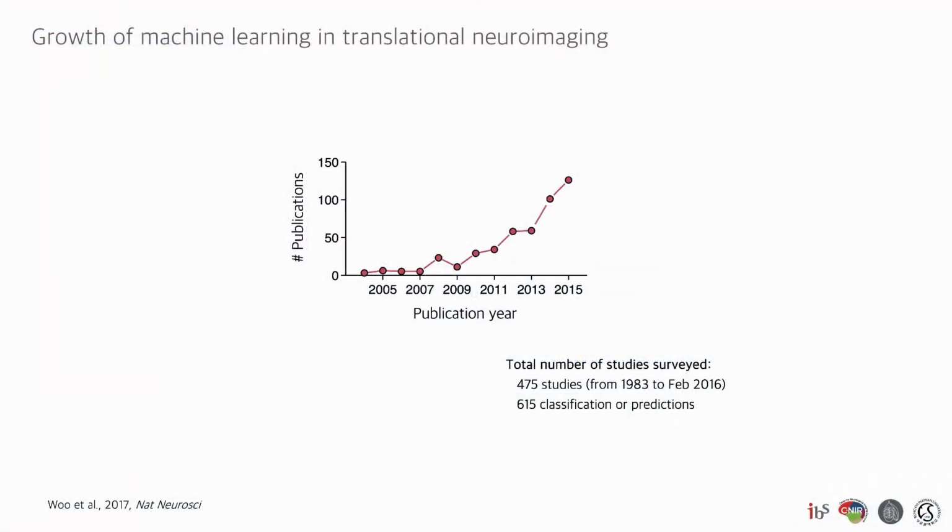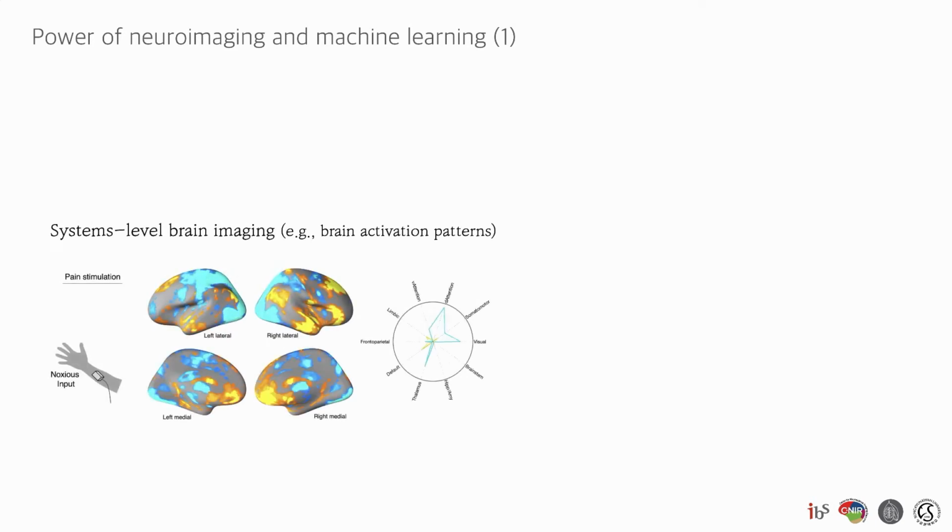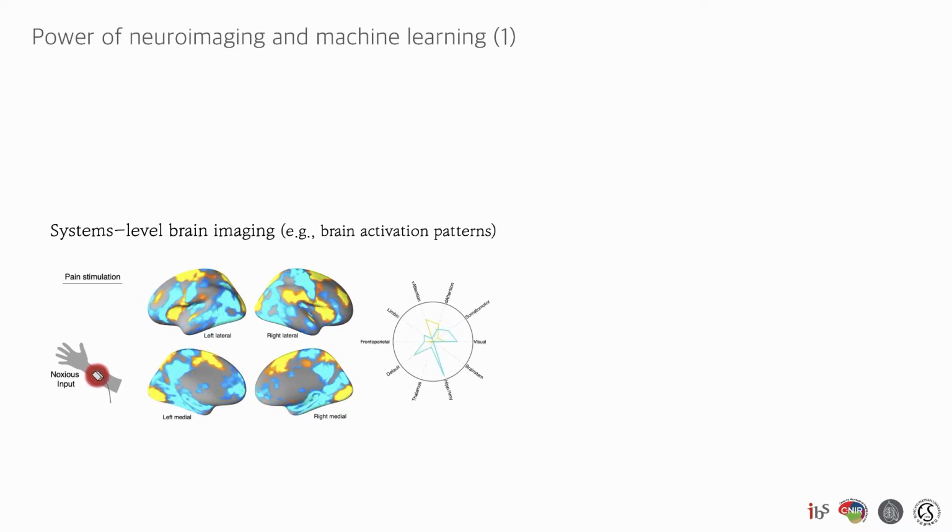So the use of machine learning in translational neuroimaging has rapidly increased in recent years, showing its increasing popularity. And it is because of the power of neuroimaging and machine learning techniques. First, functional neuroimaging, especially fMRI, allows us to do systems level brain imaging with a reasonable spatiotemporal resolution.